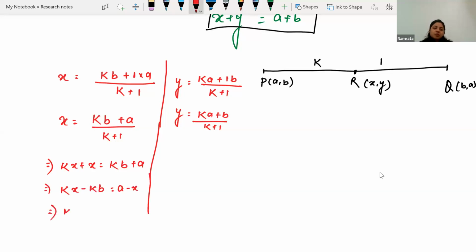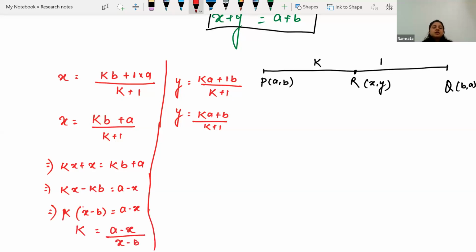Basically we want to isolate k, so we take k as a common factor: k times (x minus b) equals a minus x. So we got k is equal to (a minus x) by (x minus b).